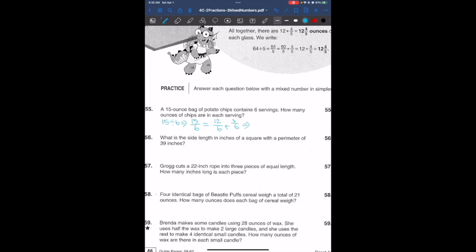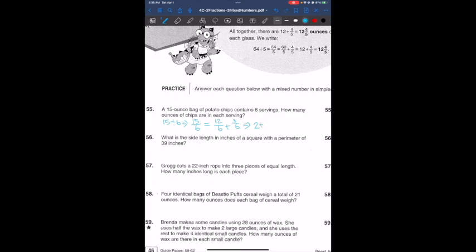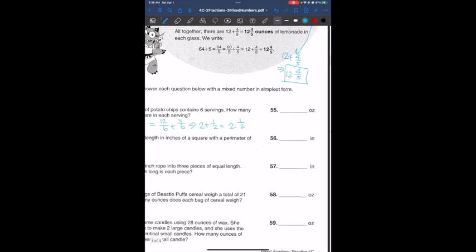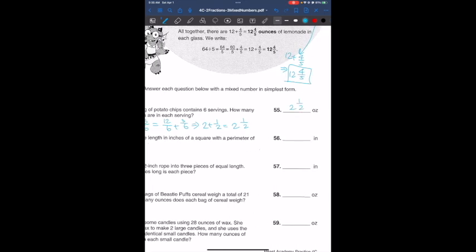And 12 over 6 is 2, and 3 over 6 is 1/2. So we can write this as 2 plus 1/2, or 2 1/2. So it's going to be 2 1/2 ounce.